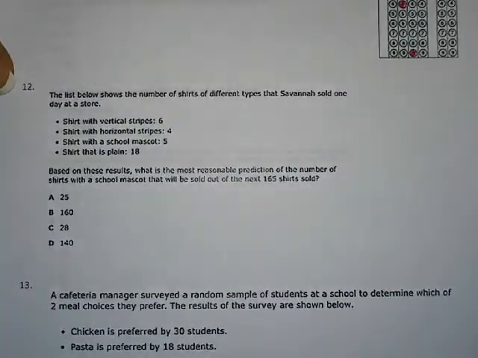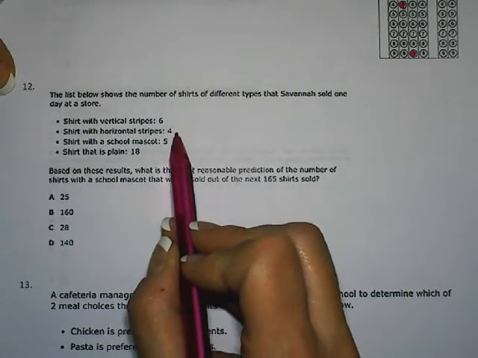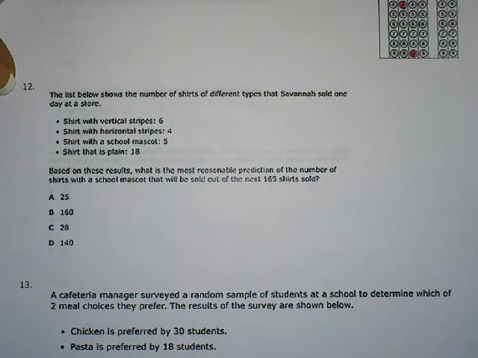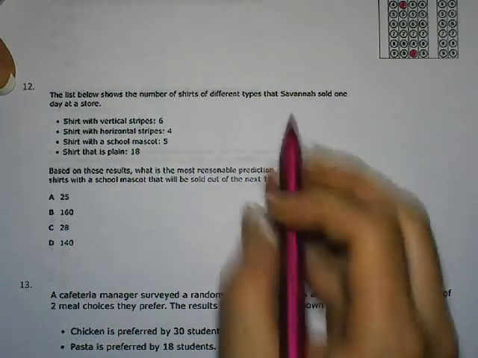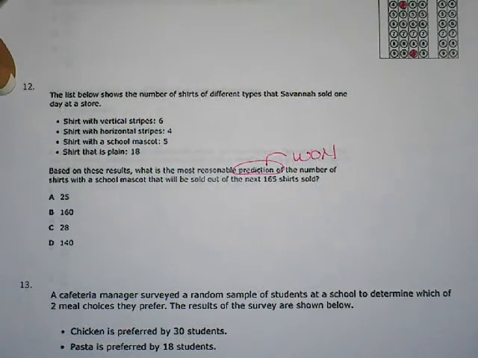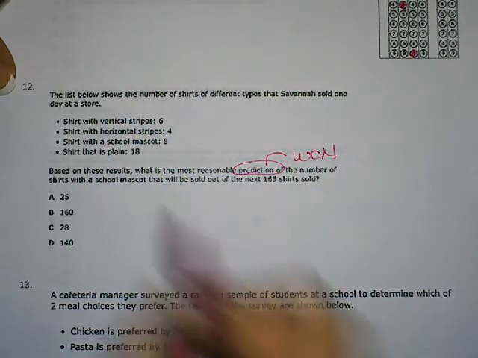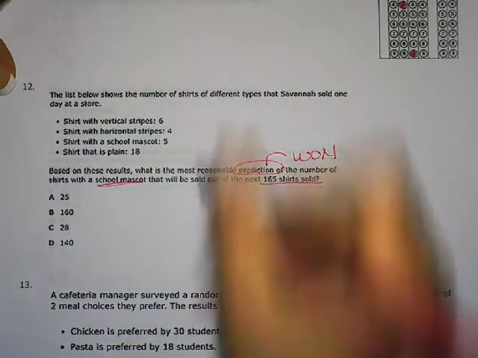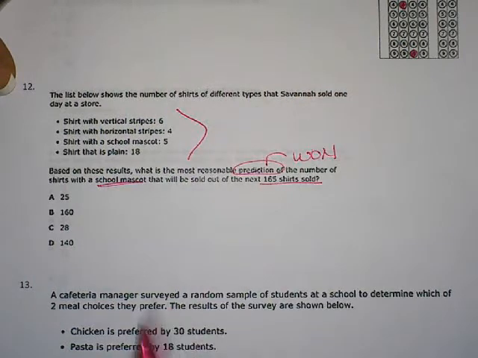Number 12. The list below shows the number of shirts of different students that Savannah sold one day at a store. Shirt with vertical stripes, shirt with horizontal stripes, shirt with school mascot, shirt that is plain. Based on these results, what is the most reasonable prediction, looks like I'm doing a one table, of the number of shirts with a school mascot that will be sold out of the next 165 shirts. So I guess I kind of need to add these up.